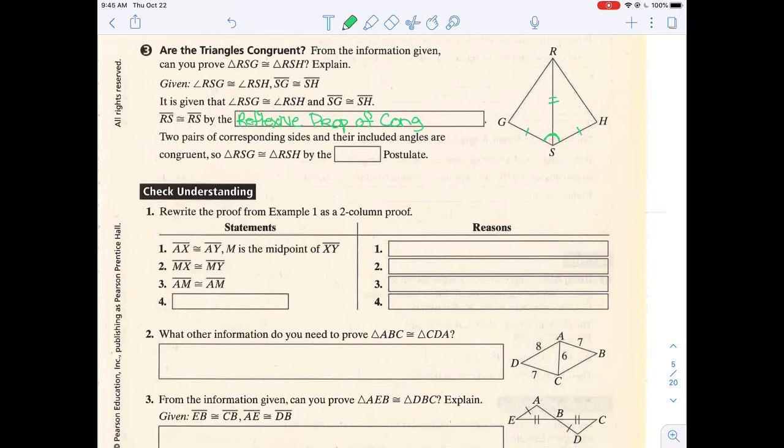Two pairs of corresponding sides and their included angles are congruent. So we've got a side, an angle, and then another side. So that would be this side, angle, side postulate. Remember, the angle always has to be in between the two sides.